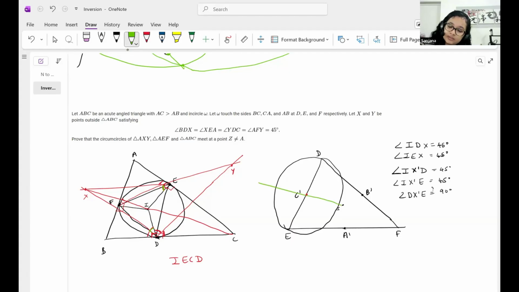Therefore, X should be one of these points. Before, we know that X was outside the incircle, so when you invert, it must be inside. So the new X must be this point. It's essentially because XIC is the perpendicular bisector of DE.